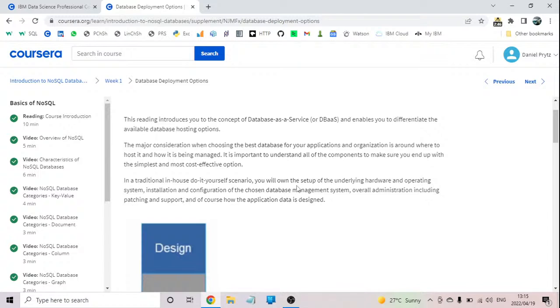We will be in charge of DBA. And what else? In charge of patching, help desk, and how application data is designed.